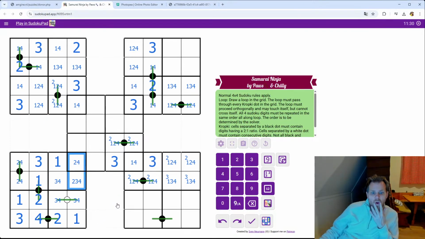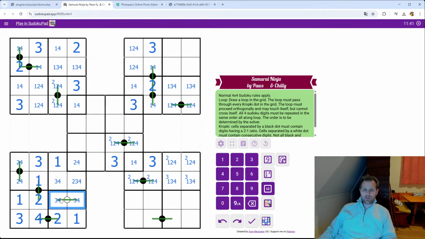So we know the loop there has to be a free on the loop. Because of this white dot, we know there has to be a free on the loop. Well, and we know because of this free, we know there's a free on the loop.